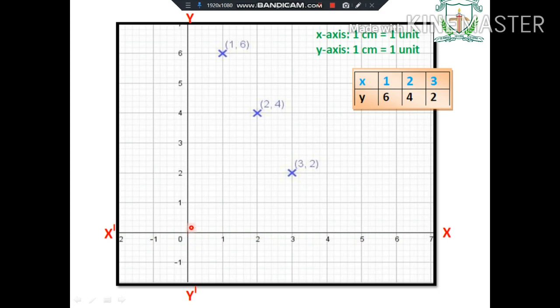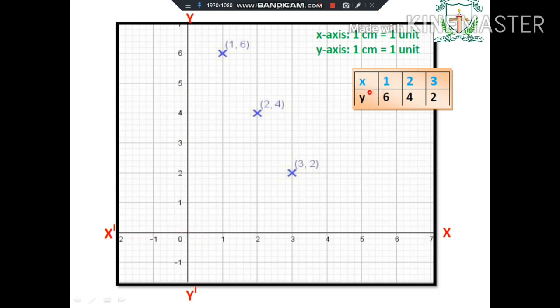From 0 towards y, write plus 1, plus 2, plus 3, plus 4, plus 5, etc. Towards the y dash, you write minus 1, minus 2, etc. Yes, children, your graph is ready. Now we shall plot the values.